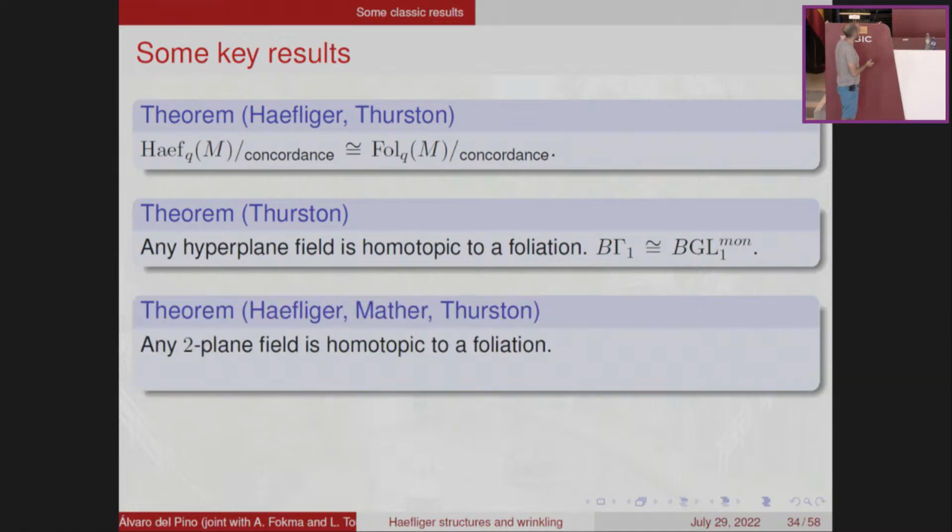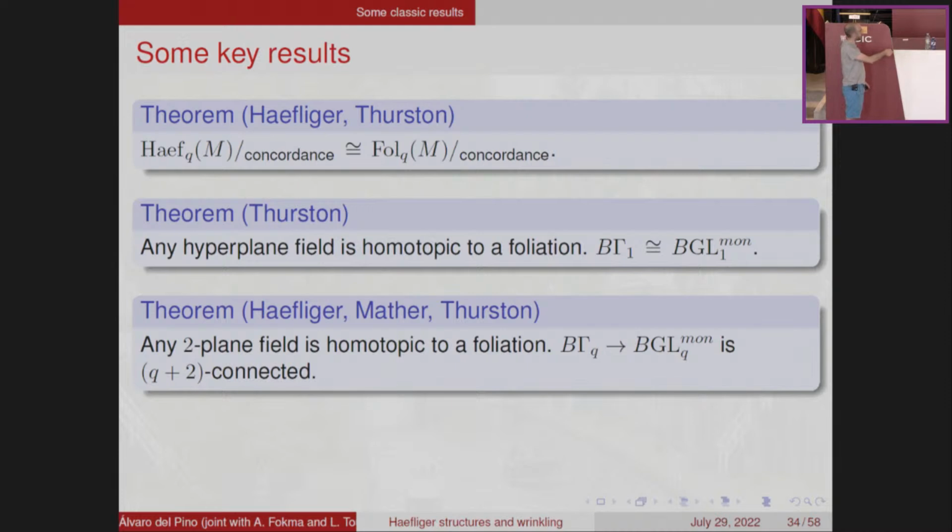Okay, let me give you another statement. Haefliger, Mather, and Thurston, increasingly better results in some sense. They prove that any two-plane field is homotopic to a foliation. And the classifying space statement is this. Let's unravel what this is. This says the map into the classifying space of the normal bundle is Q plus 2 connected. So let's play the game. I take a Q plus 2 manifold.